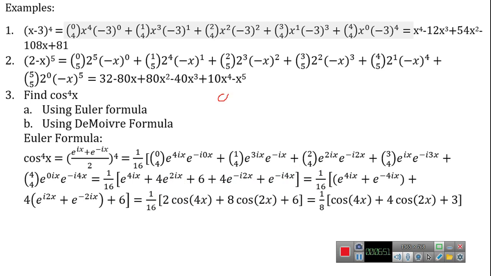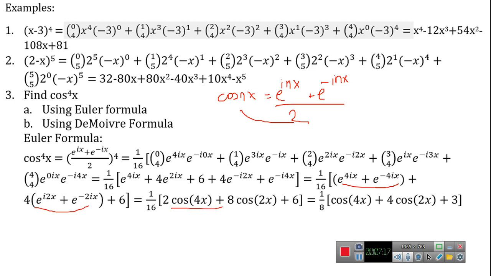Now I regroup e^(4ix) and e^(-4ix) together, e^(2ix) and e^(-2ix) together, and the plus 6. From the formula, we know that, let me write it again. We know that cosine nx equals e^(inx) plus e^(-inx) over 2.